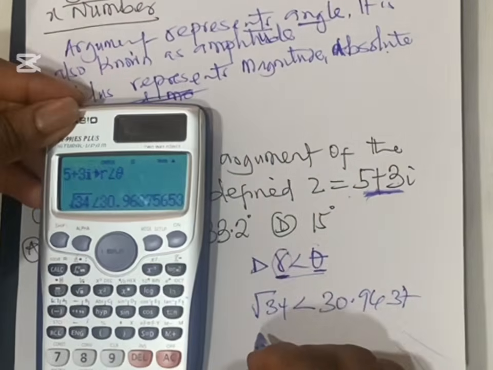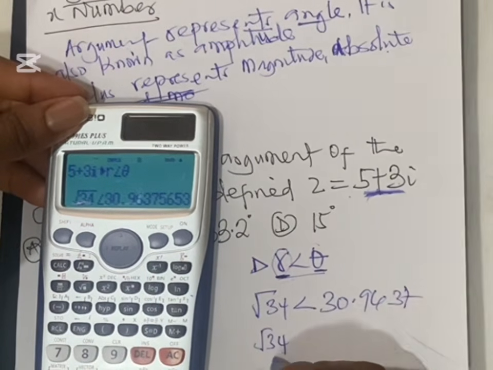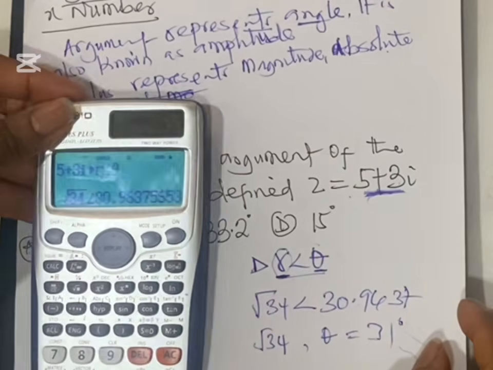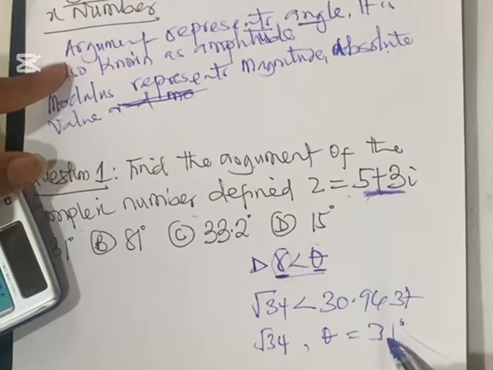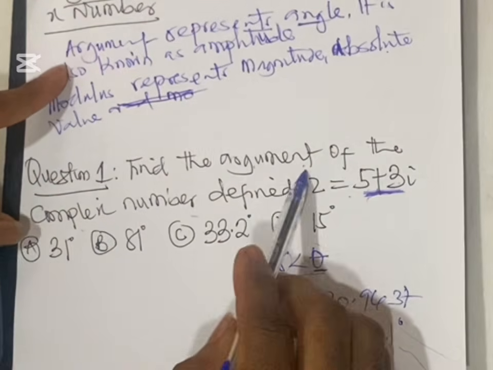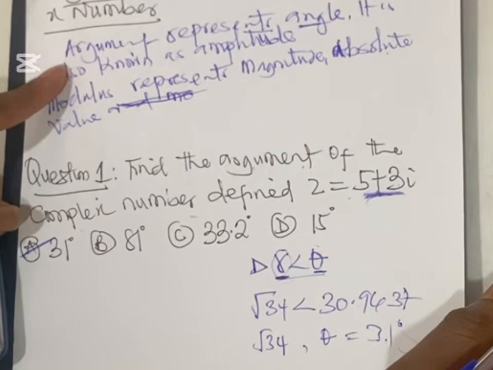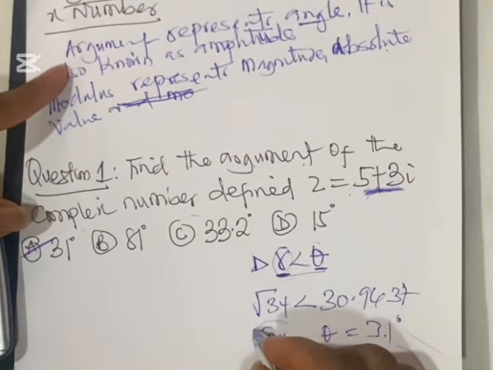So our modulus here is square root of 34, while our theta, which is our angle, is 31 under approximation. It depends on what we are asked to calculate. If you are asked to calculate angle, we pick up only the angle. So we are asked to calculate angle here only. So the answer here is 31.